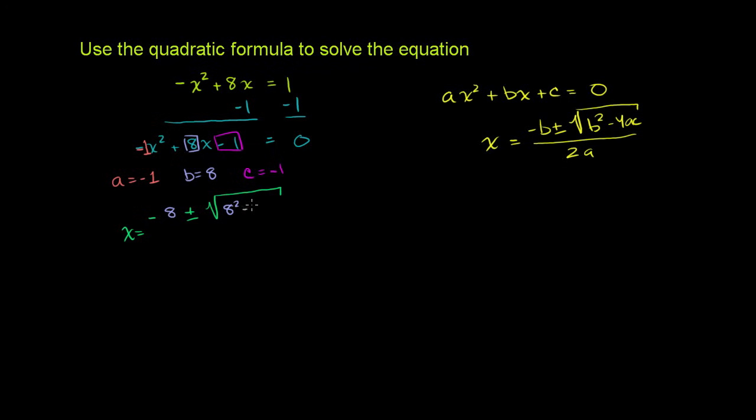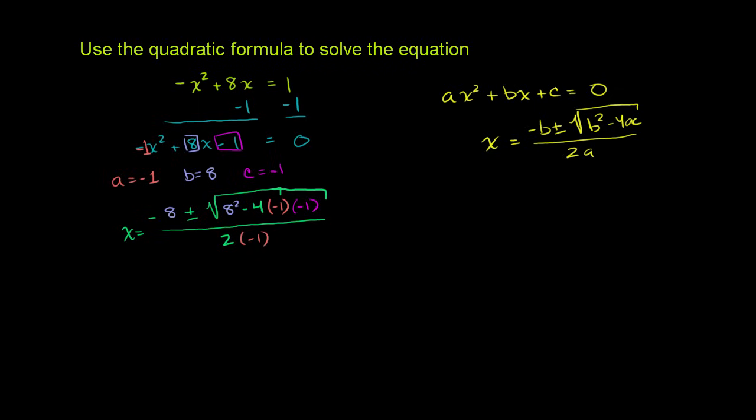The green's the part of the formula. The colored parts are the things that we're substituting into the formula. Minus 4 times a, which is negative 1, times c, which is also negative 1. And then all of that, let me extend the square root sign a little bit further, is going to be over 2 times a. And in this case, a is negative 1.